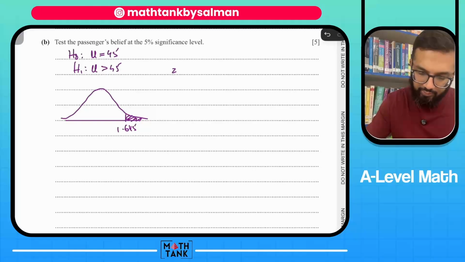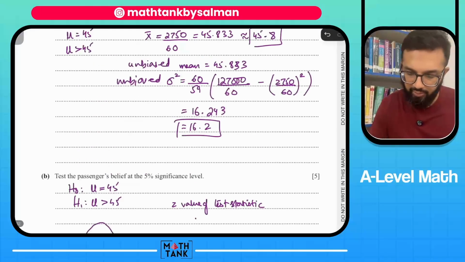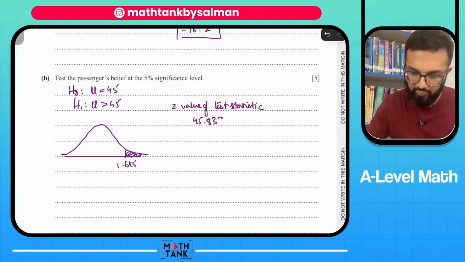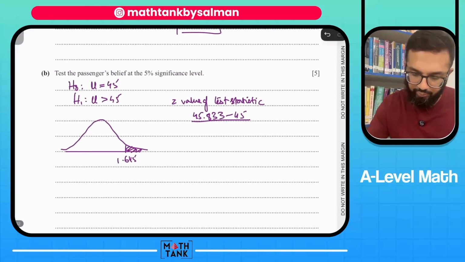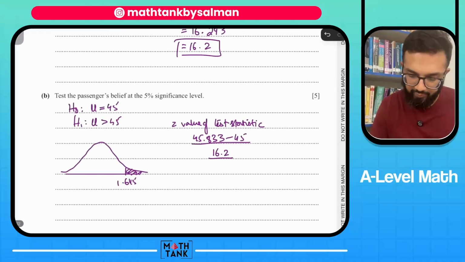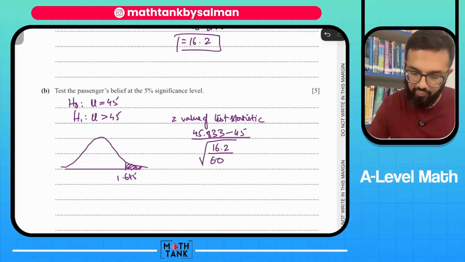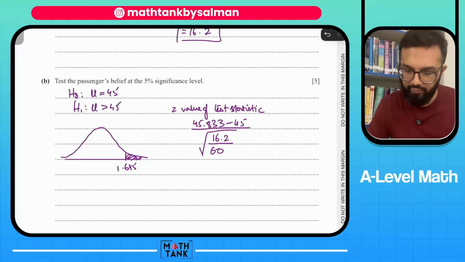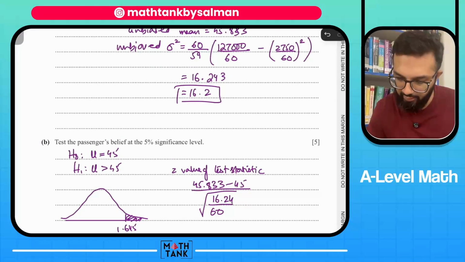Then the z value of the test statistic: X bar came out as 45.833 minus 45, over root of 16.243 over 60. Those are the numbers that I'm going to use.